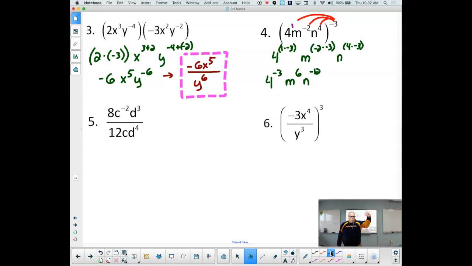Now, 4 to the negative 3 power can get moved to the bottom, becomes 4 to the positive 3. 4 times 4 is 16, times 4 more is 64. So this would become m to the 6th power over 64 n to the 12th power. There would be my final answer with positive exponents.